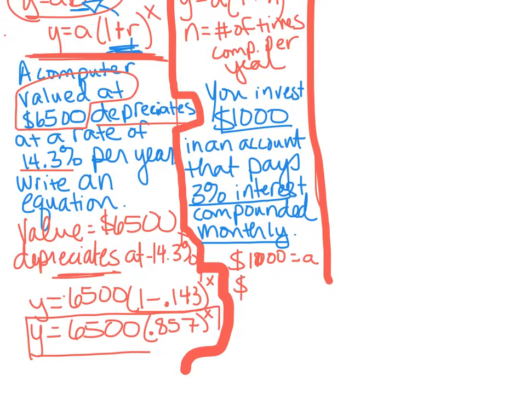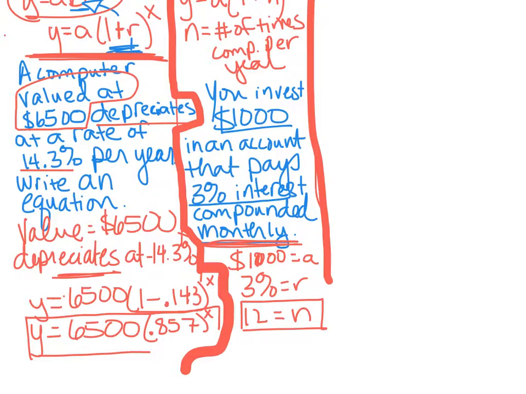We have 3%. That's my rate, but we need to make sure that we change that into a decimal. Then we have 12, and that's my n. Remember, n is the number of times you compound. You're compounding monthly, and there are 12 months in a year.